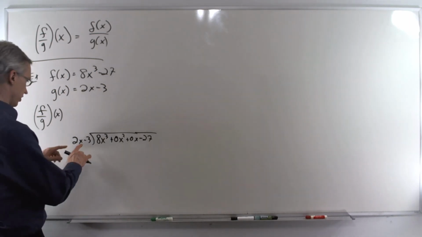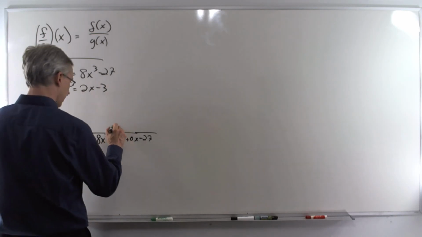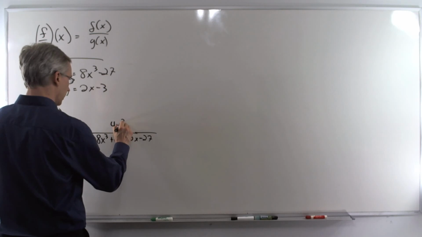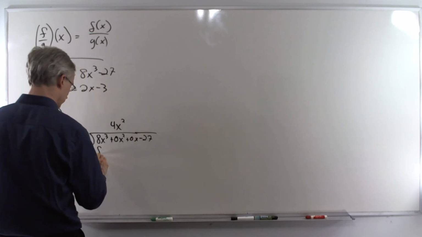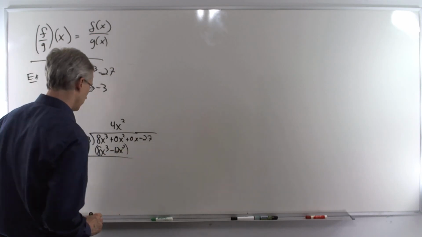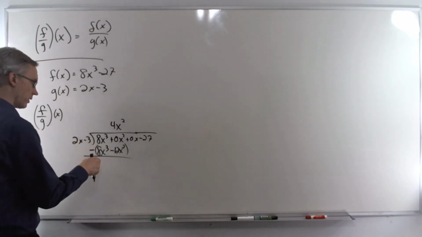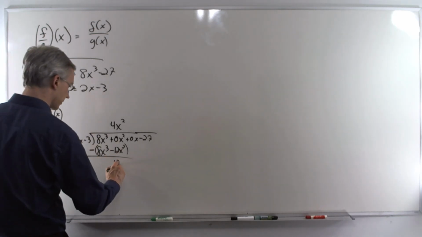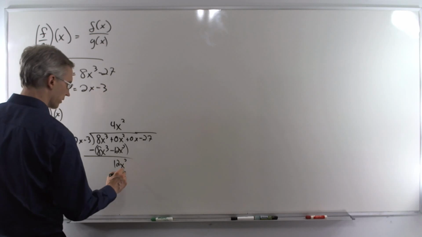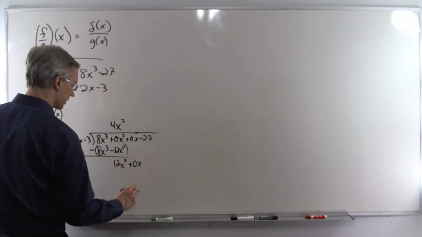All right, let's do the division. You're going to match 8x to the third, so that means we need to multiply by 4x squared. All right, subtract. Those go away. 0 minus negative 12 is positive 12, so we get 12x squared. And I'm going to bring down the next one, 0x.